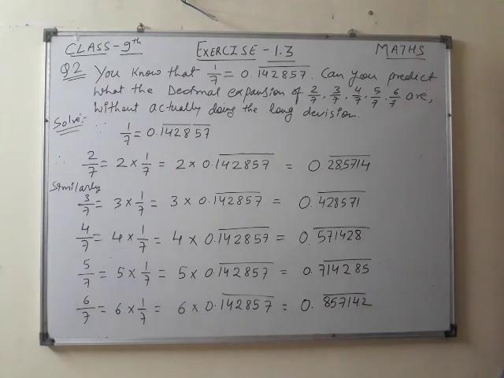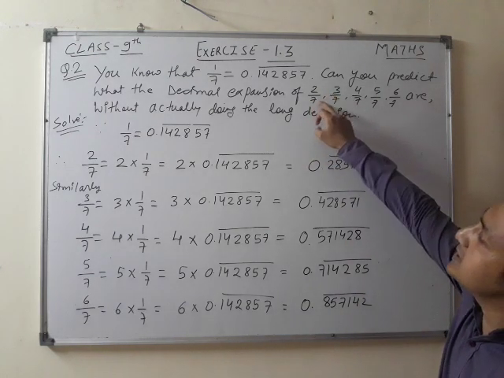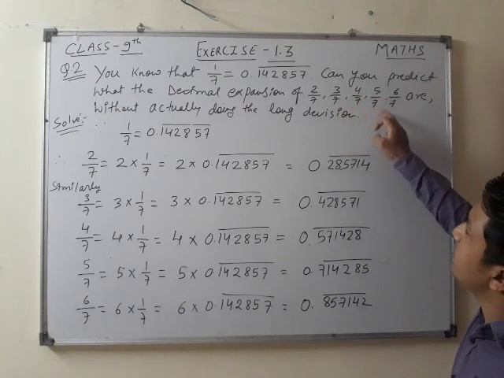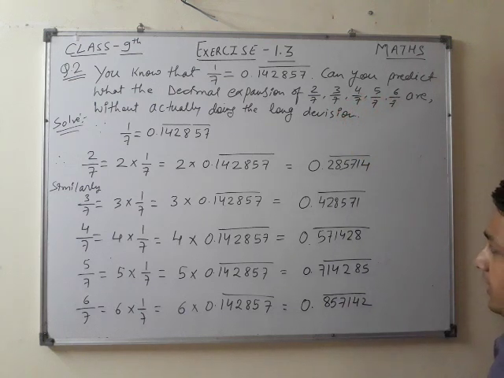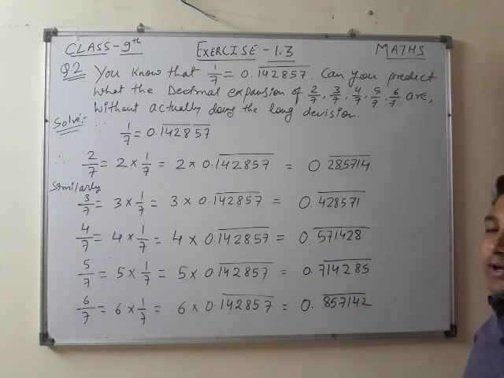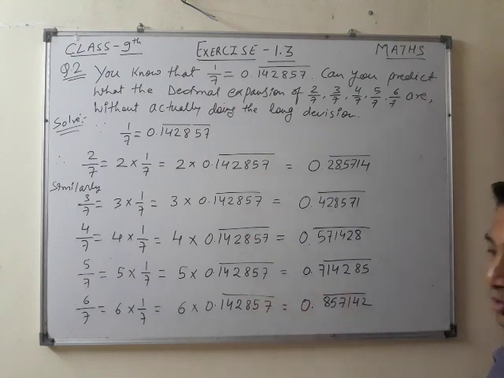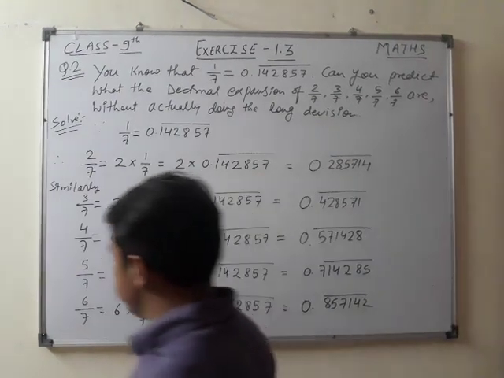So according to the question, we have found the decimal expansions of 2 upon 7, 3 upon 7, 4 upon 7, 5 upon 7 and 6 upon 7, but without actual long division. Okay, so we have completed this question. Is it clear?